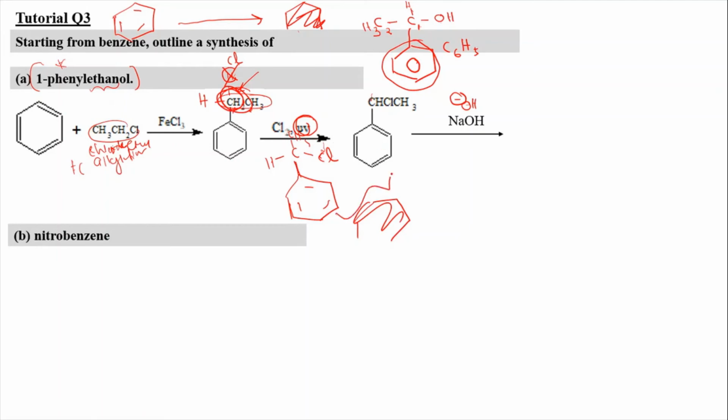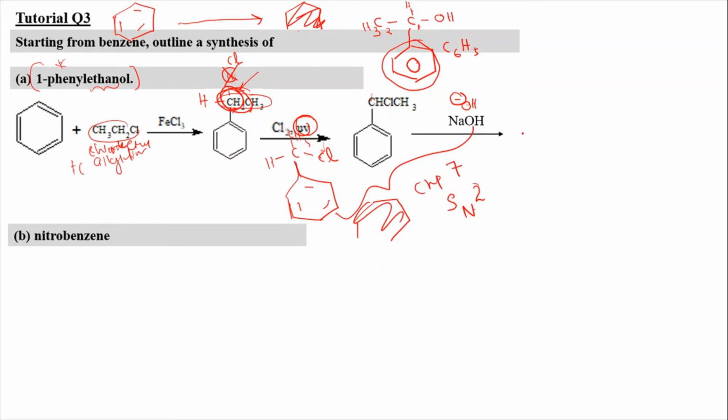For this, you're going to learn this in the next chapter, which is chapter 7, which refers to the nucleophilic substitution reaction. And it refers to SN2 because it's a bimolecular substitution reaction.